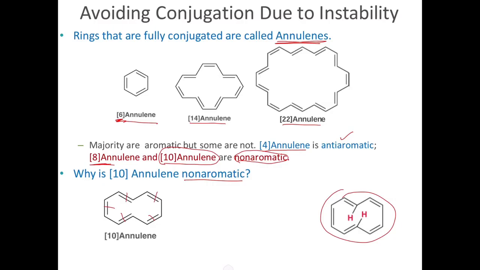When you do the molecular models, these hydrogen atoms are actually right in the face of each other. So the molecule does not like that, so therefore they are going to project out of the plane. When they project out of the plane, it makes the molecule non-planar. Okay, so due to steric strain, the compound is going to be non-planar. Anytime it's non-planar, it means it cannot be aromatic, it cannot be anti-aromatic.